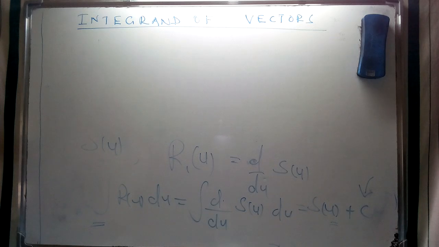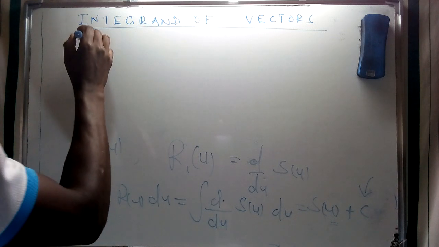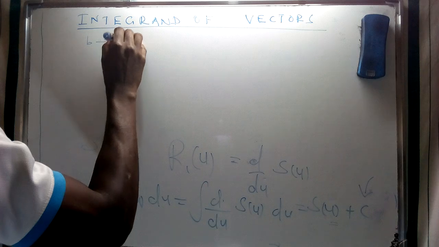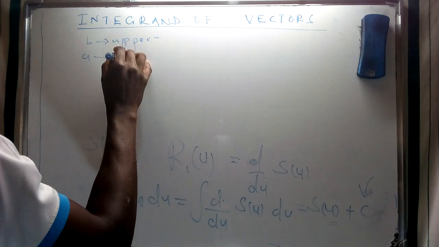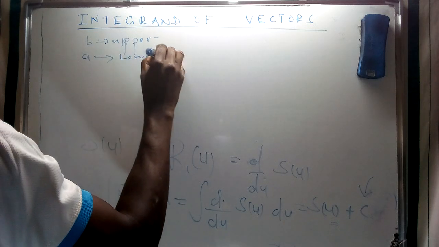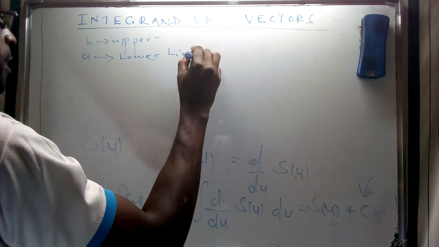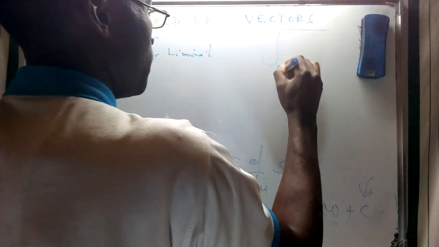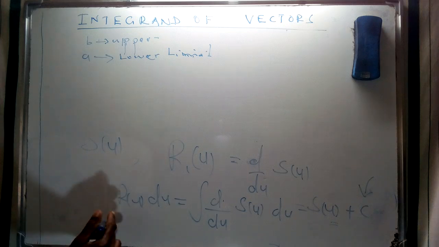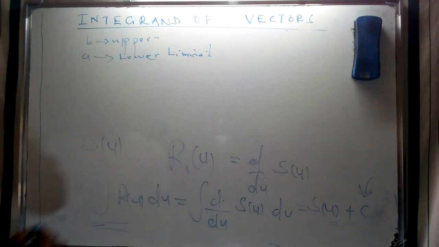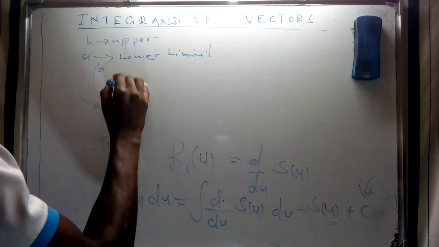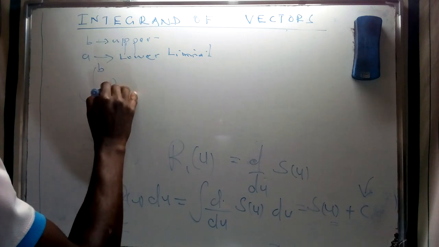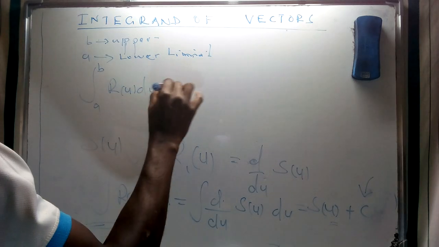So if we have the upper limit b and a lower limit of integration a over this vector, this means the vector is over the limits of a and b. So we can have a set of representation for these specific vectors R(u) du.